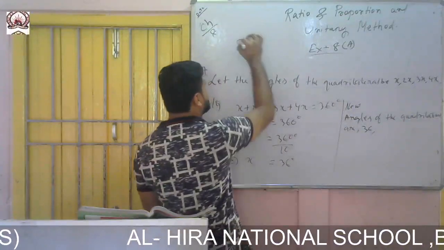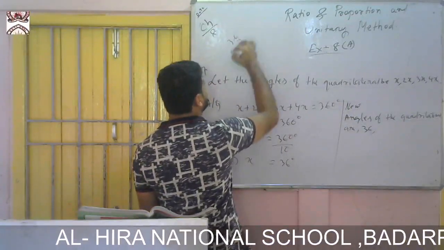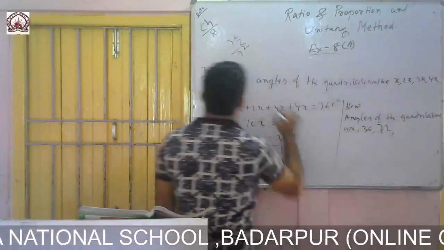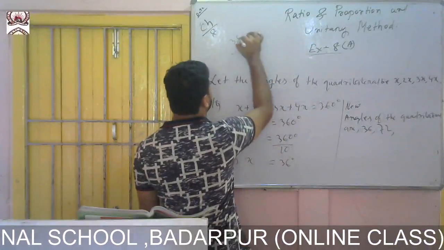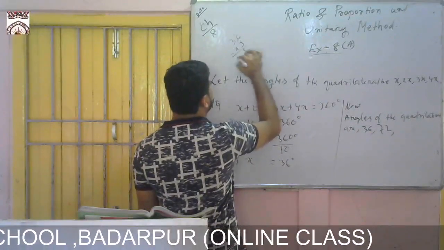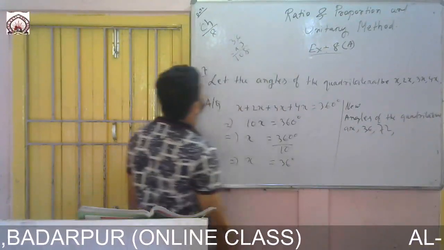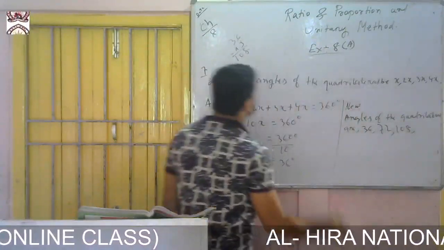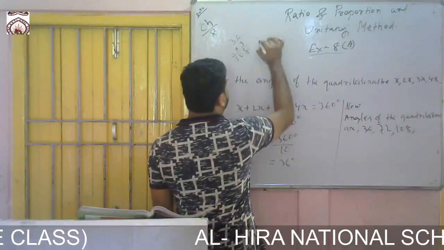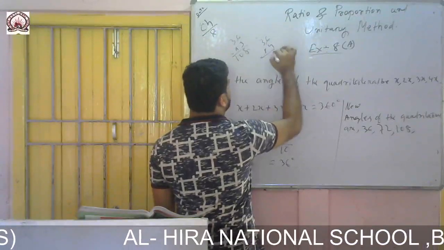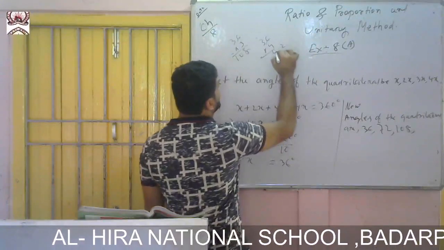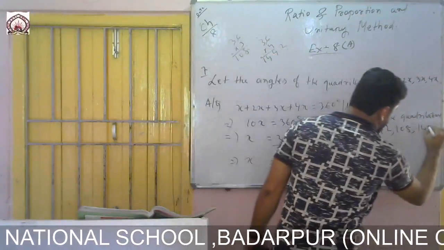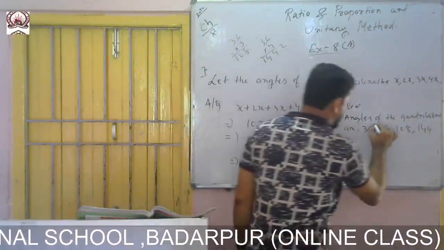That means 2 into 36, 72. Now 3. 36 into 3, 108. Now with 4. 36 into 4, 144. Give all degree.